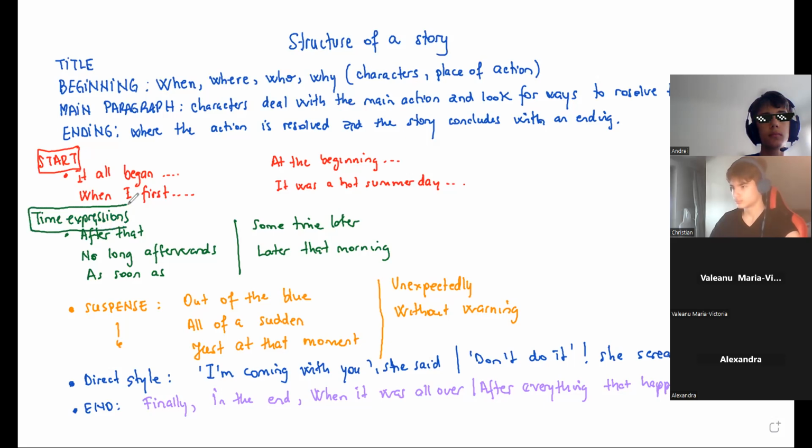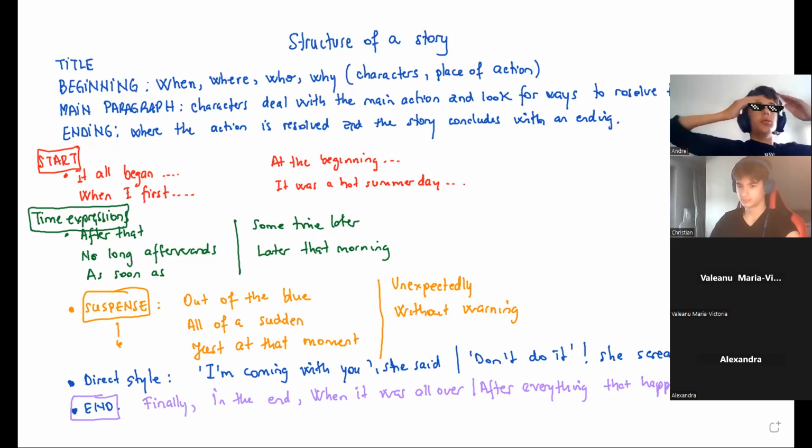Choose one. You need more than one in the story. For suspense, choose one. Okay? You use direct style, and for the end, also use one formula. And copy only that one you chose.